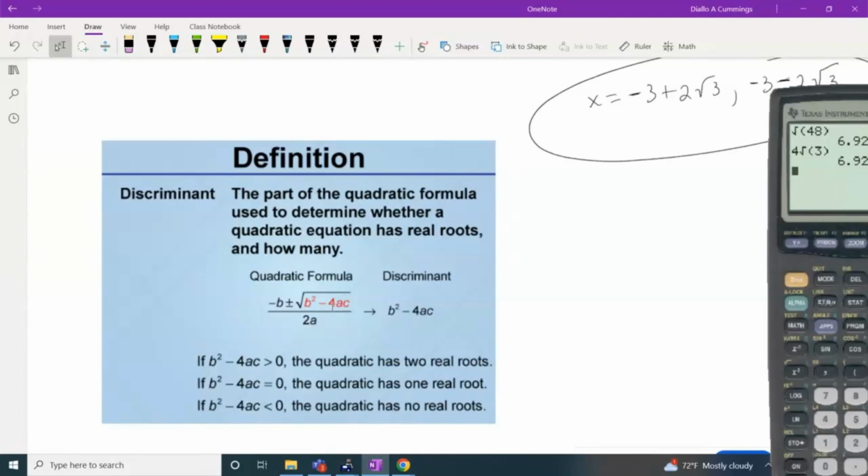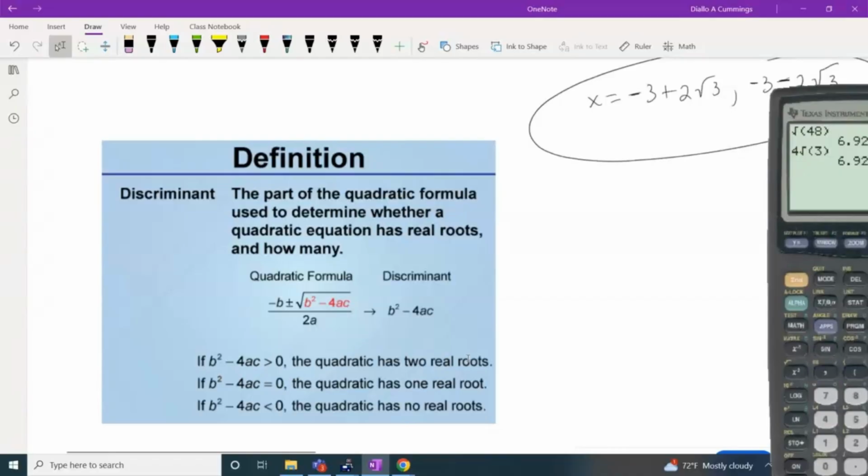So if you were to substitute a, b, and c and evaluate b squared minus 4ac, if that value is greater than 0, the quadratic has 2 real roots. If the discriminant equals 0, there is only 1 real root. And if the discriminant is less than 0, there are no real roots.